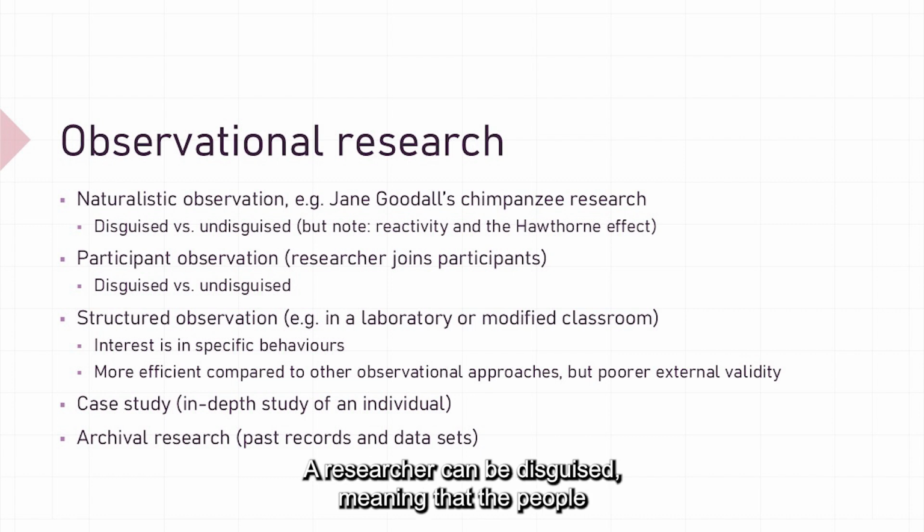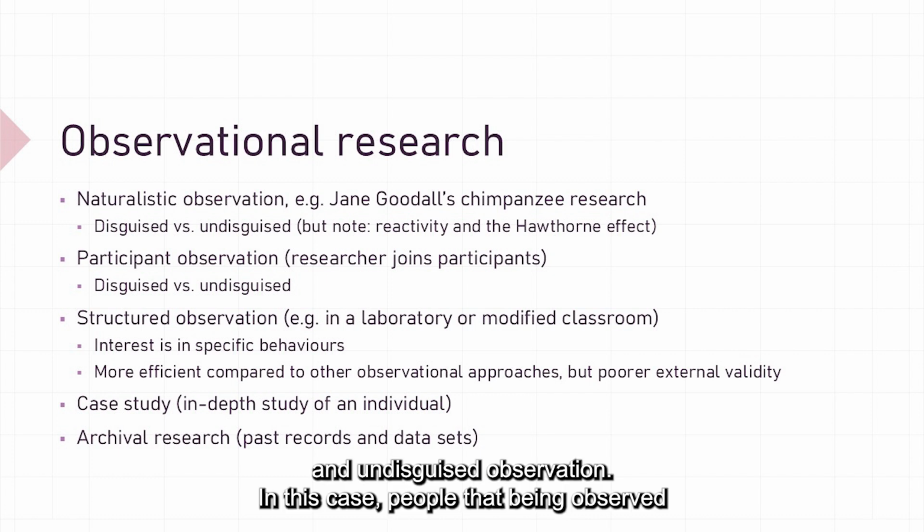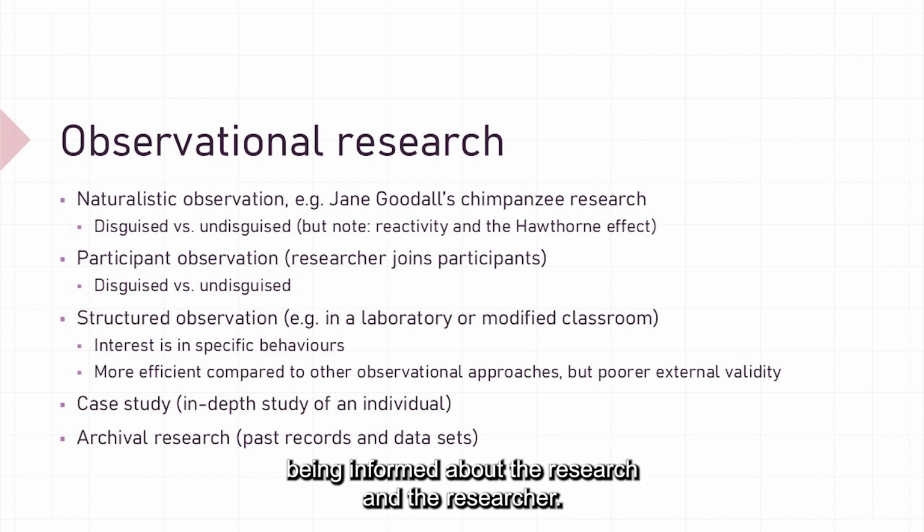The researcher can be disguised, meaning that the people who are being observed are unaware of being observed. Alternatively, the researcher can conduct an undisguised observation. In this case, the people being observed are informed about the research and the researcher.